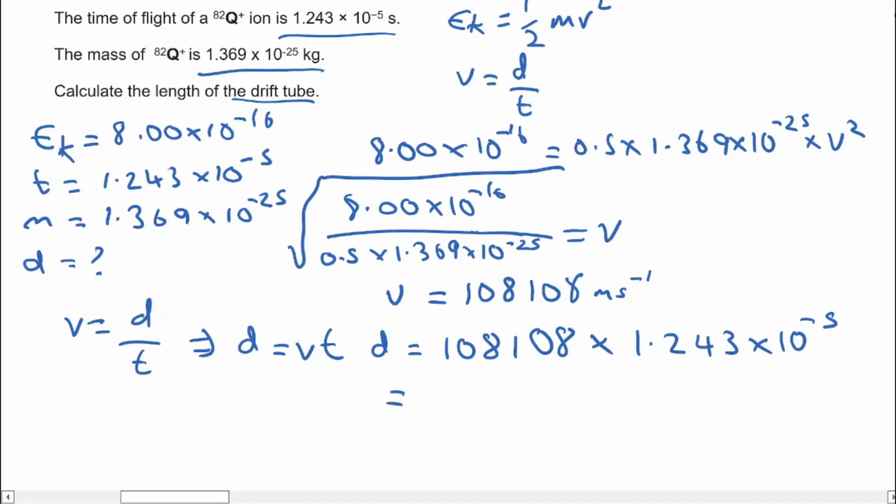Get that number, times it by that number, and we get a distance of 1.3437 meters. So I'll probably round that to 2 decimal places. I would think of 3 significant figures because I've got 8.00 there, so I'm going to go for 1.34 meters as my answer.